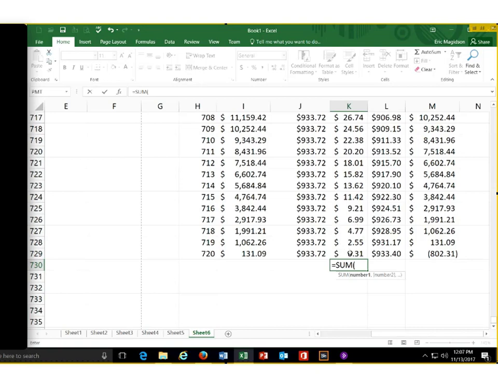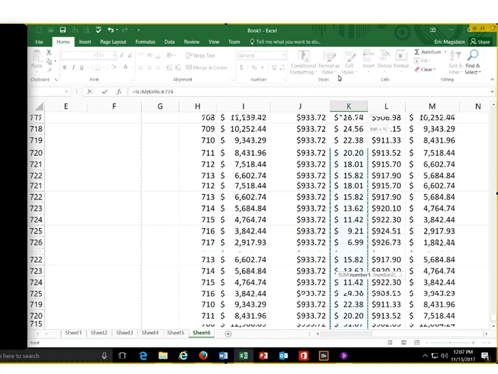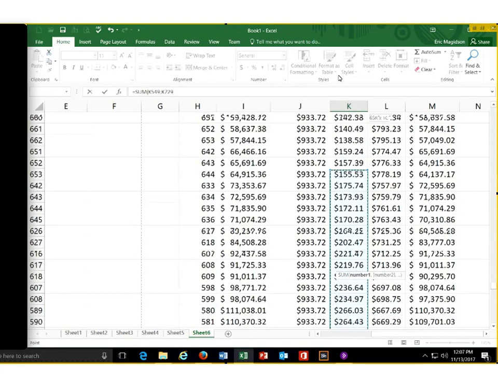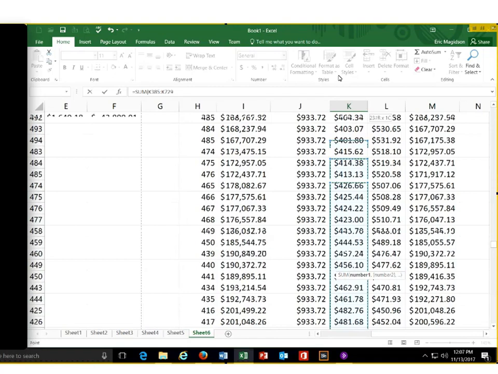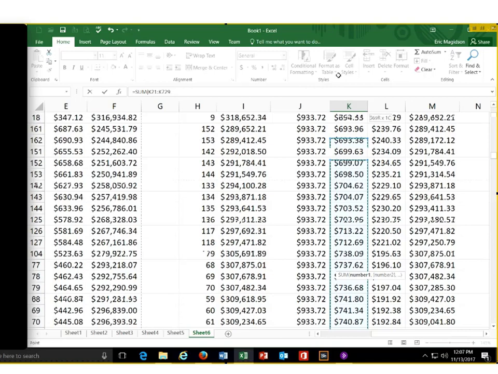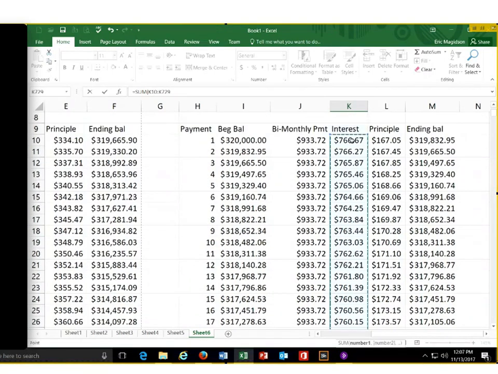So equals sum of this column here. Because this is our interest, right? Agreed? We'll put the parenthesis at the back of that.